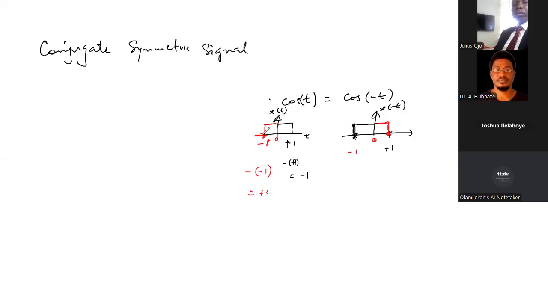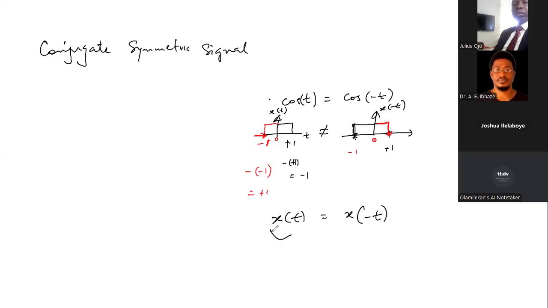Now, if I didn't use different colors, you wouldn't even know I performed any operation on this signal. Yes, sir. So it means that s of t is the same as s of -t.